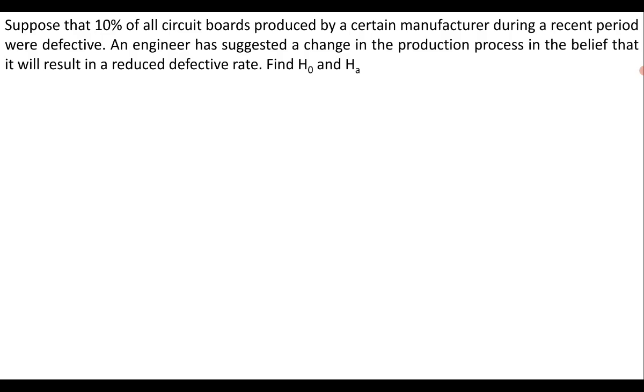Now what information do you have? 10% of circuit boards were defective. So what is H naught? If P is the parameter, which is a probability, then H naught is P equal to 0.1. And what is HA?